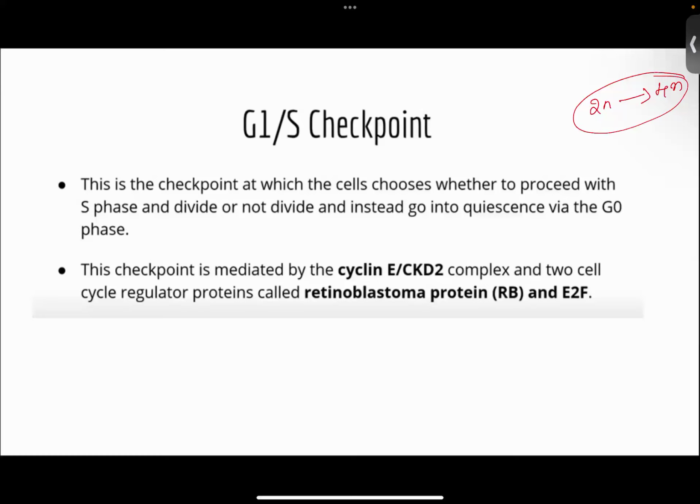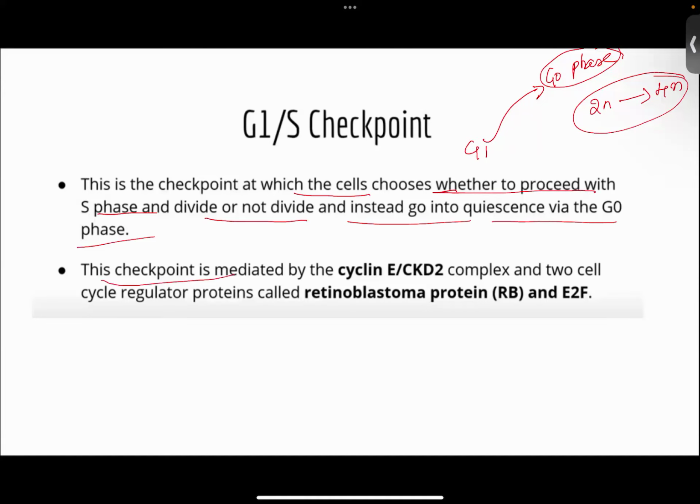Sometimes, from G1, if it feels growth is not required, it will send the cell to a G0 phase, which is a resting phase. So this is very crucial. This is the checkpoint at which a cell chooses whether to proceed with S phase and divide, or instead go to the resting phase called G0.